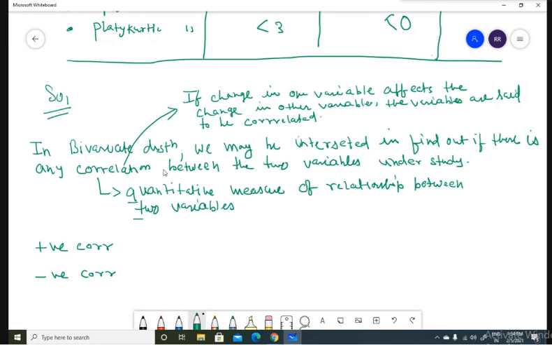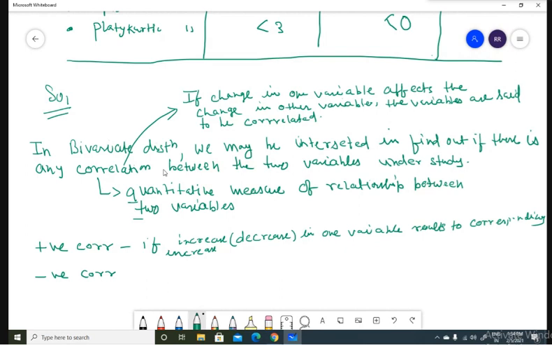Positive correlation: if increase or decrease in one variable results in a corresponding increase or decrease in the other, this results in positive correlation.